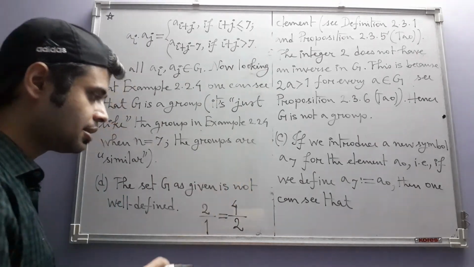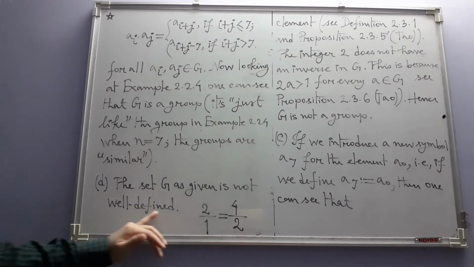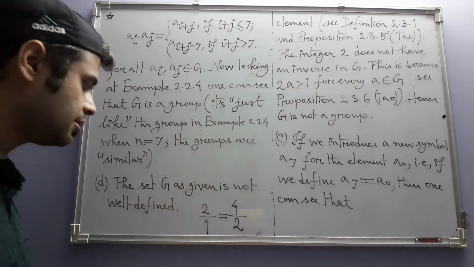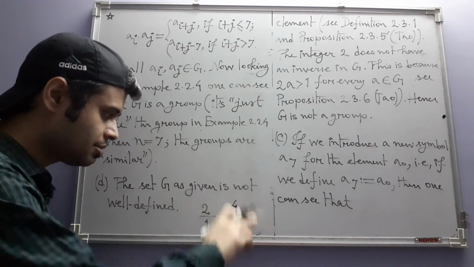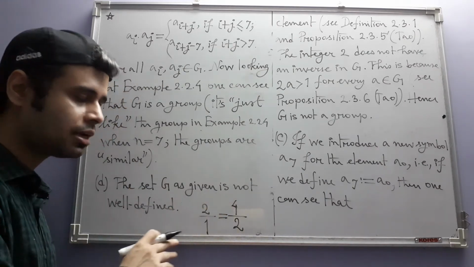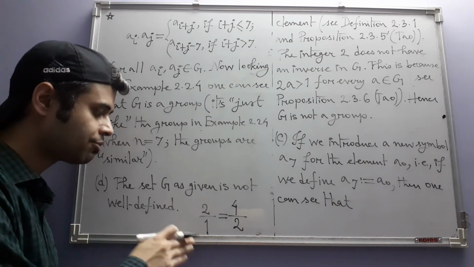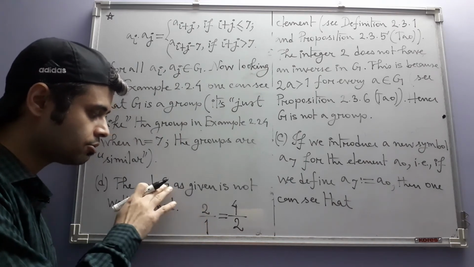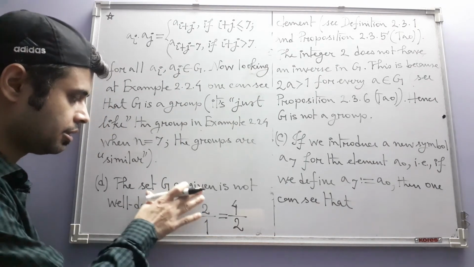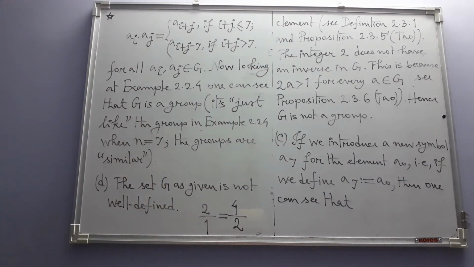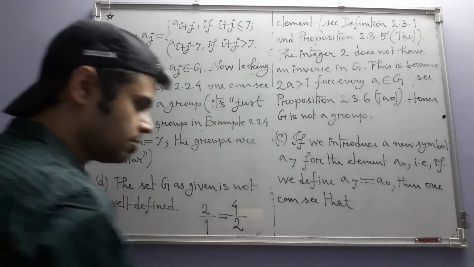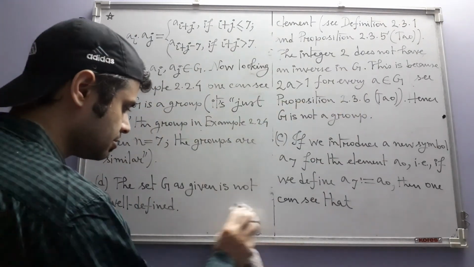So then what is the workaround? You clearly see that the way this G has been defined does not make sense. You will not be able to say for sure whether 2 belongs to G or not in the form in which G is given. So we have to slightly modify the definition, and that we will do like this.